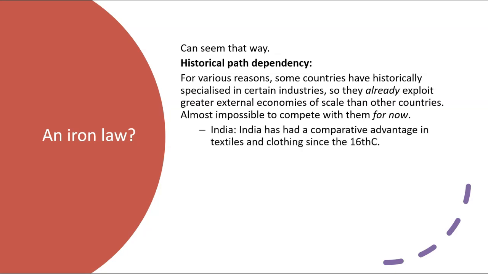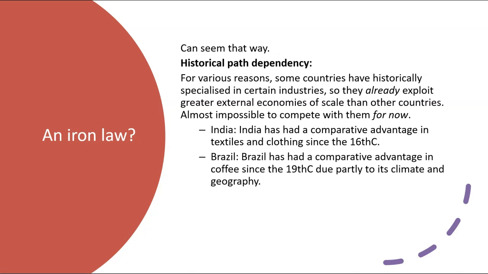Here's a few examples. India has had a comparative advantage in textile and clothing production since the 16th century. It was one of the targets for colonisation by the British, and just about everyone else for that matter, actually.